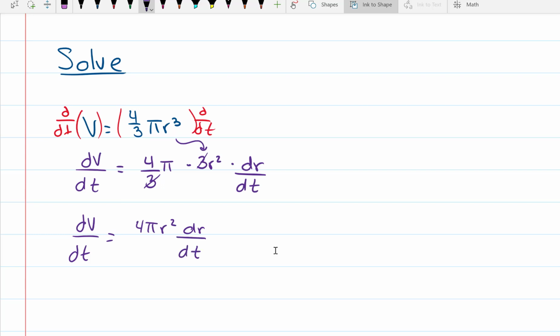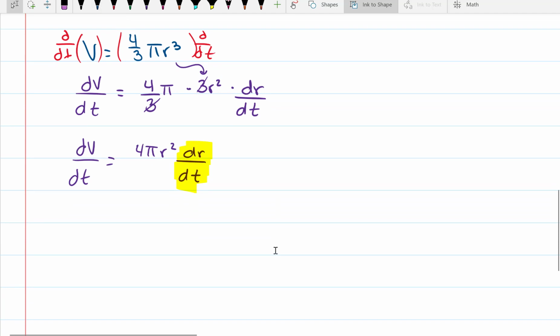Now what was the goal of the problem? The goal of the problem was to determine dr dt. How fast is the radius changing? So that's our goal. So now let's plug in information that we know. And we know dv dt is 100 pi.